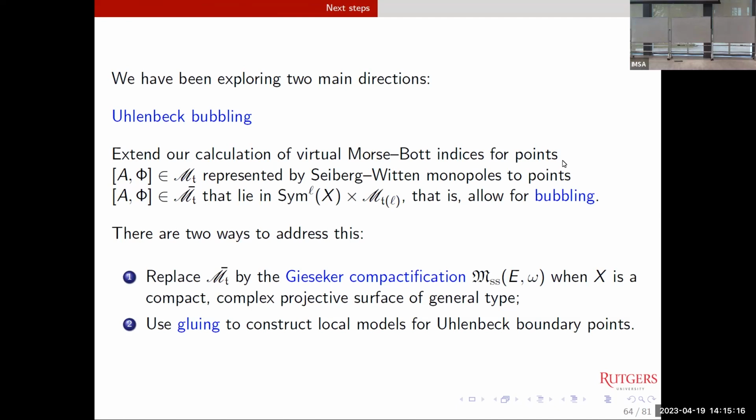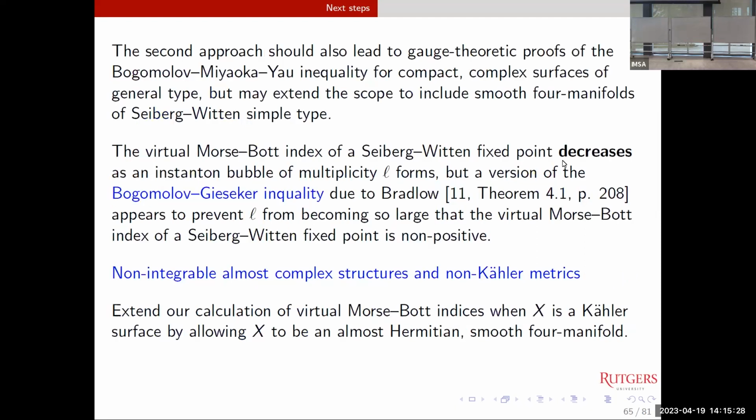If you're on a smooth manifold, or more general manifold, then you have to use some version of Lloyd to construct a suitable local model. So we hope that this will lead to applying for generalities.